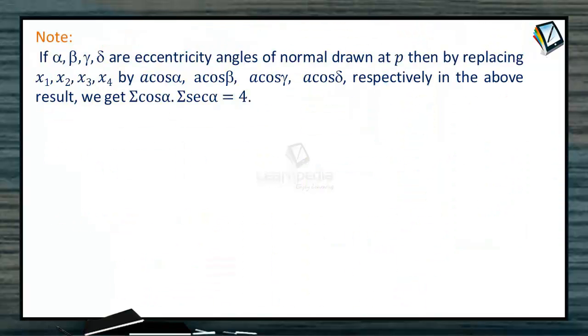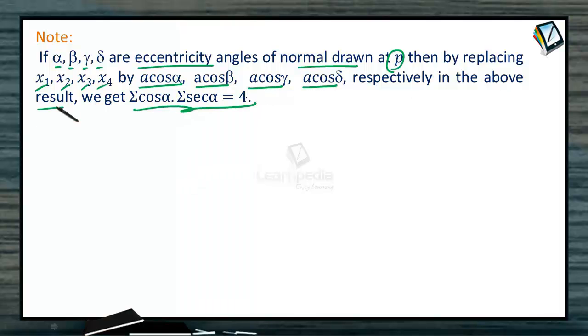Now observe that there is a note related to this property: if alpha, beta, gamma, delta are the eccentric angles of the normals drawn at P, then by replacing x1, x2, x3, x4 by a cos alpha, a cos beta, a cos gamma, a cos delta respectively in the above result, we get this.